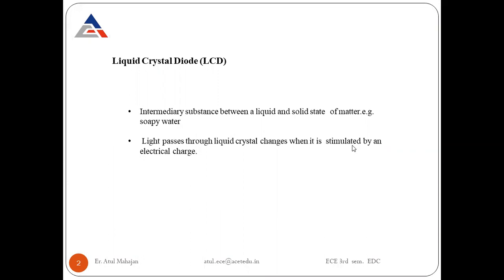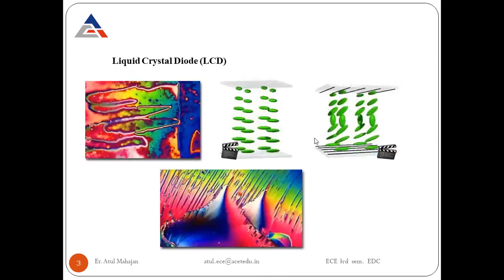When electricity or biasing is applied to these liquid crystals, the light passes through them, it changes, and a display is formed at the output of your LCD.